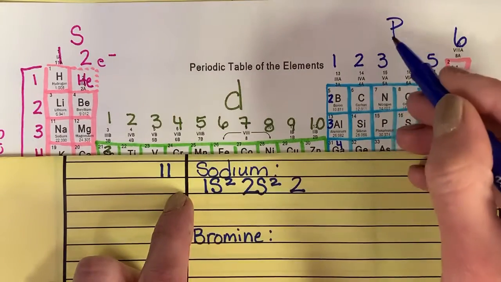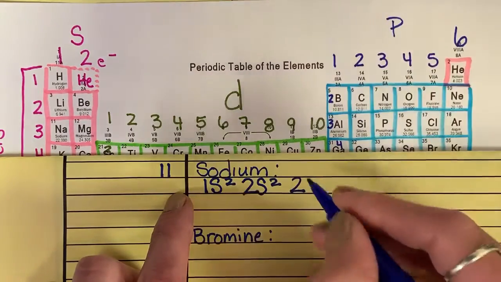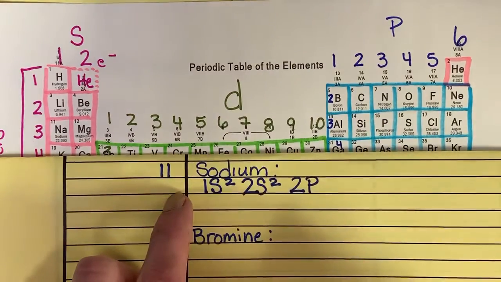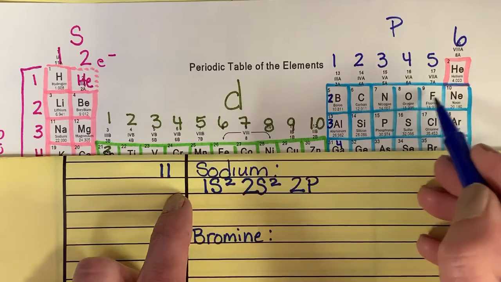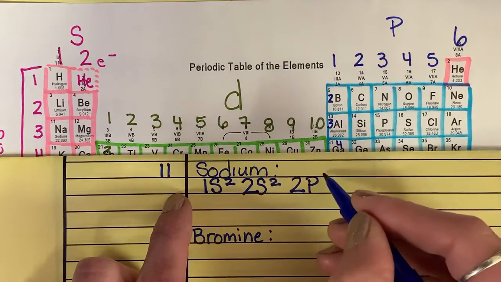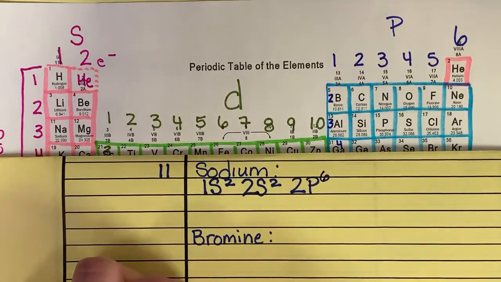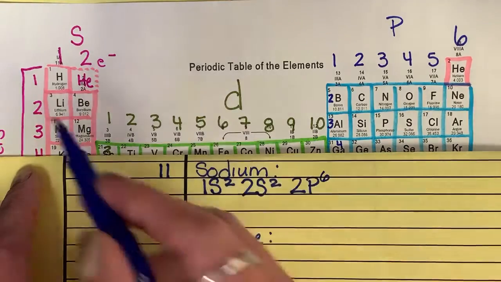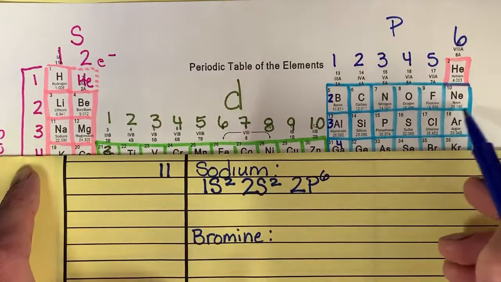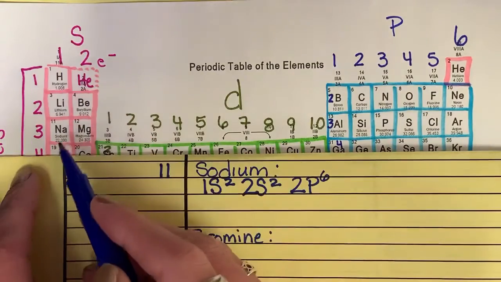This time my letter is P, and the p orbital can hold 1, 2, 3, 4, 5, 6 electrons. Okay? I still haven't hit my element. I haven't found sodium, so I keep going left to right until I get to the end, top to bottom.